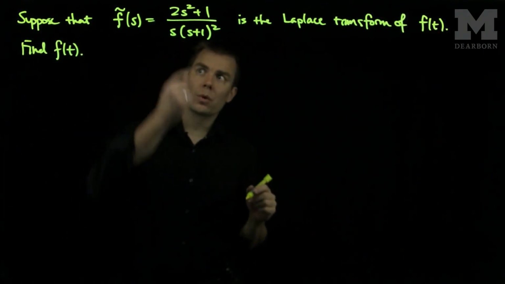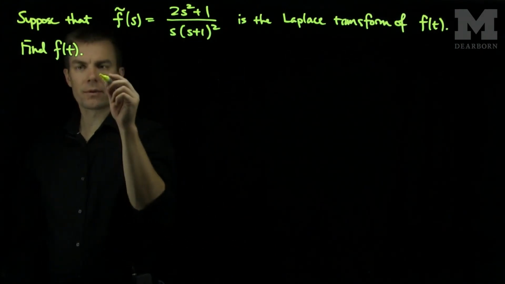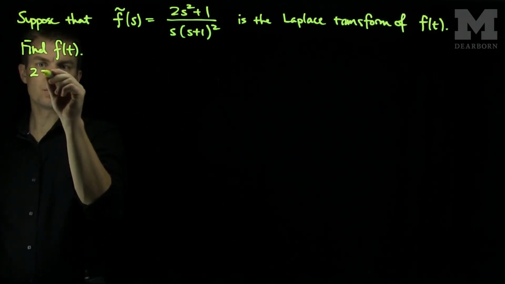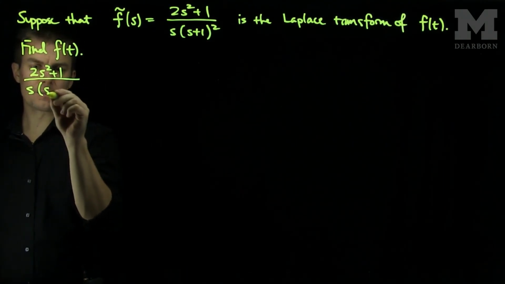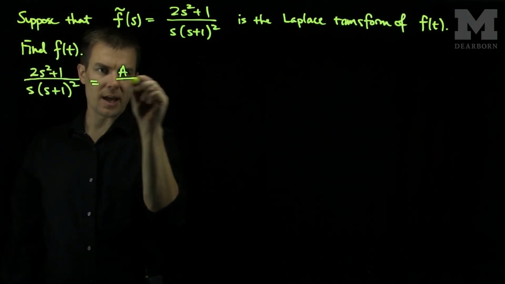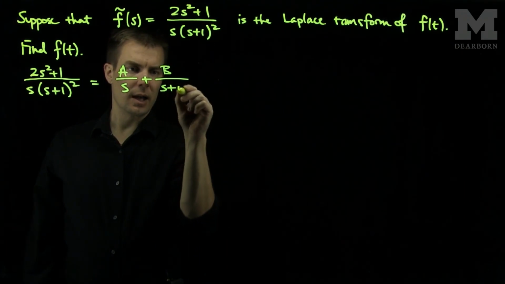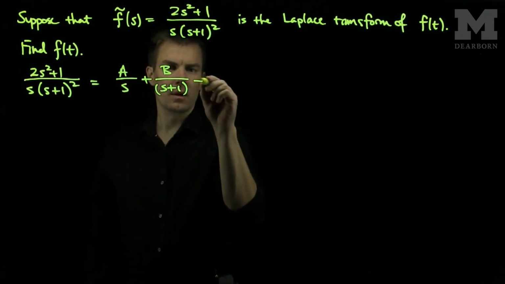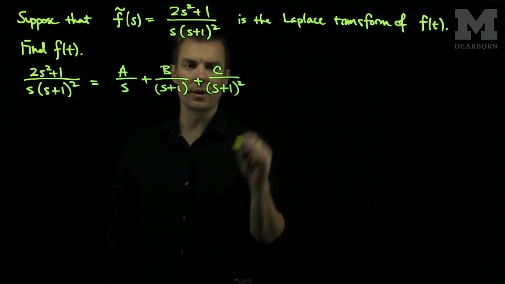What we'll do is write this function f tilde of s, its Laplace transform, in partial fractions. We have (2s squared plus 1) over s times (s plus 1) quantity squared is a over s plus b over s plus 1 plus c over (s plus 1) quantity squared.